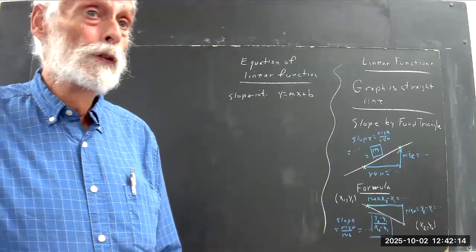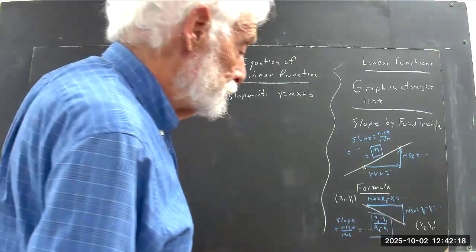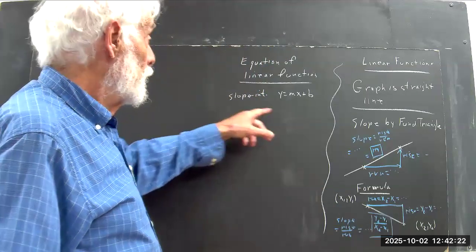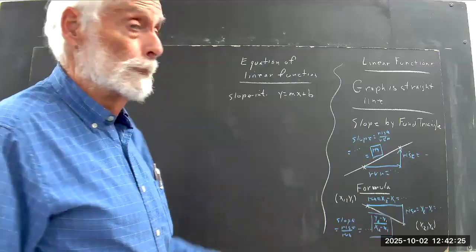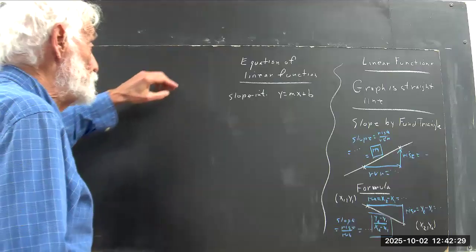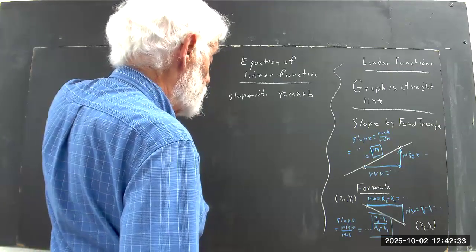Now, there are ways you can do that with formulas too, but that's kind of deep. This is not as deep as what you have to do to explain why this is a formula for a straight line. And I could explain that, but you don't want to see it.